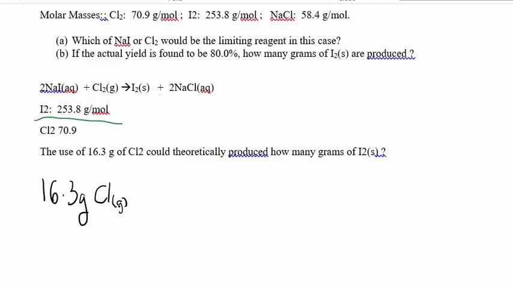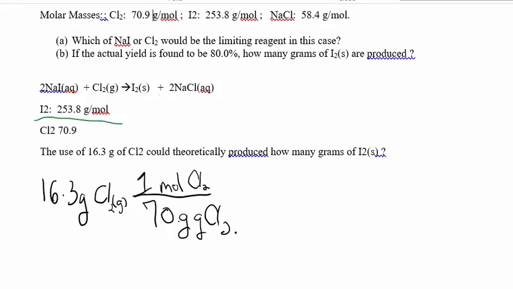And I want to get the moles. So I'm going to multiply that by 1 mole over 70.9 grams of Cl2, which your professor gave you. You get it from the periodic table.